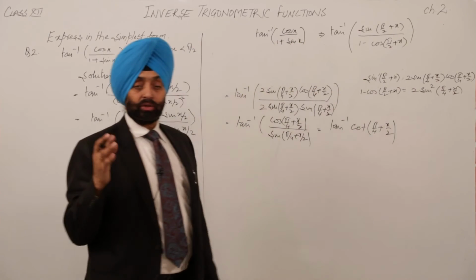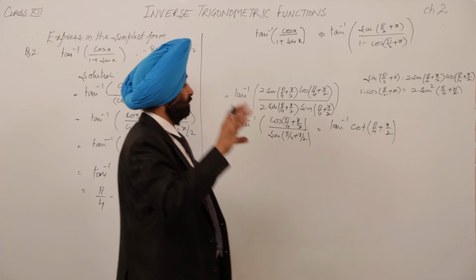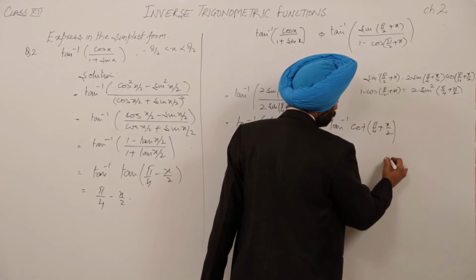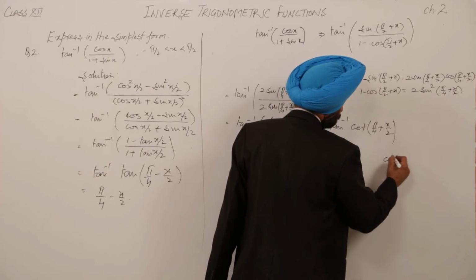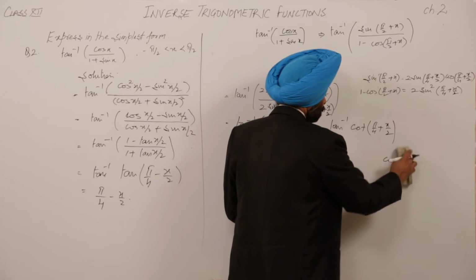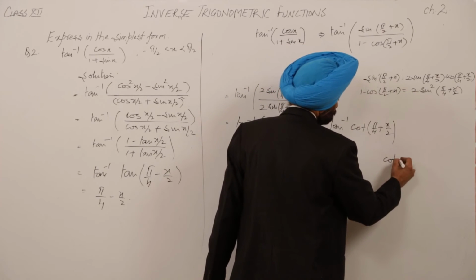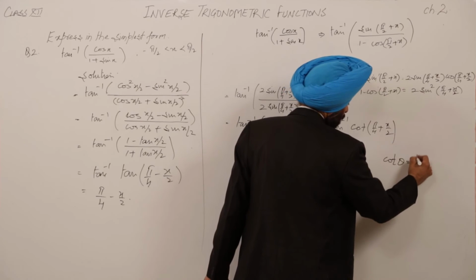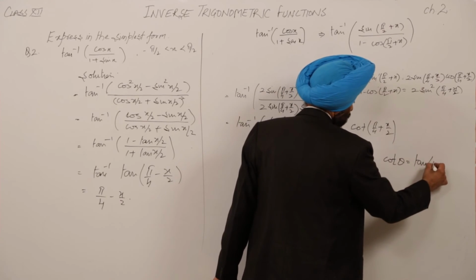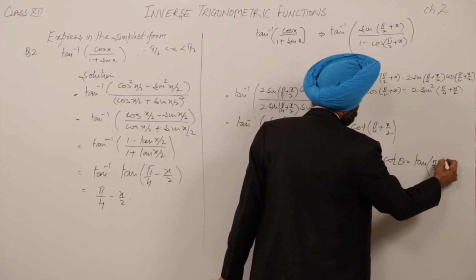Now you have to change cot in terms of tan. So you are knowing cot theta is equal to tan pi by 2 minus theta.